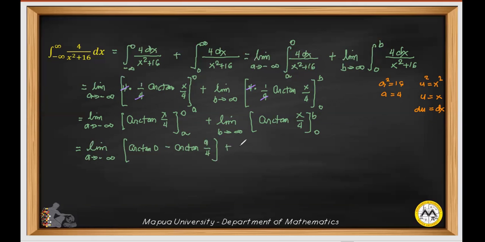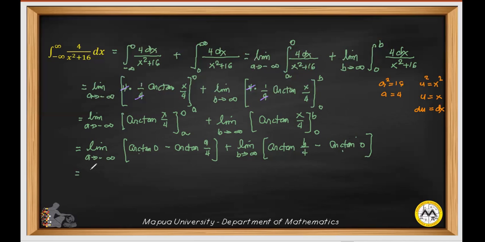Okay, then plus the limit as b increases without bound of arctangent of b over 4 when x is equal to the upper limit b, minus the value of arctangent of x over 4 when x is equal to 0, which is arctangent of 0 over 4, and of course 0 over 4 is 0. Now, arctangent of 0 is 0. So here, this will be 0. This will also be 0.